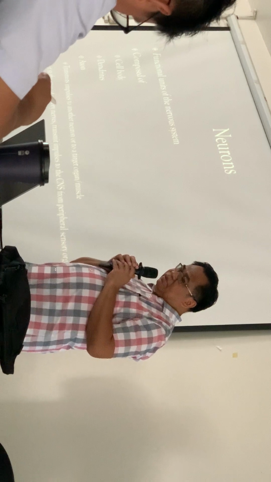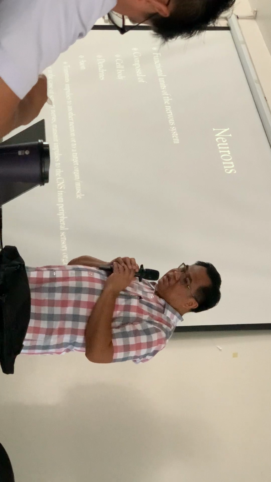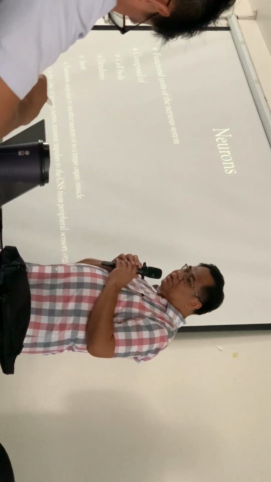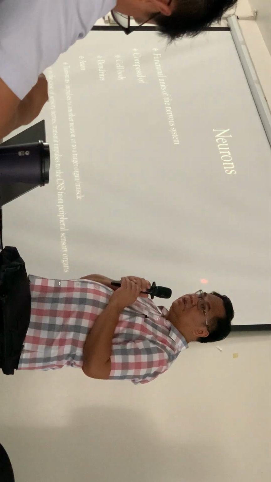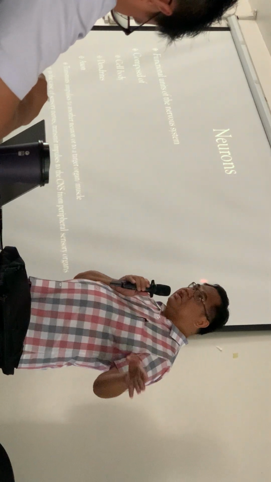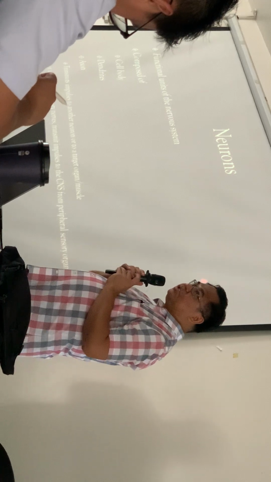The axon is a process of the nerve cell that transmits impulses to another neuron. So the function of the neuron is to transmit impulses. So it does this using its axon.